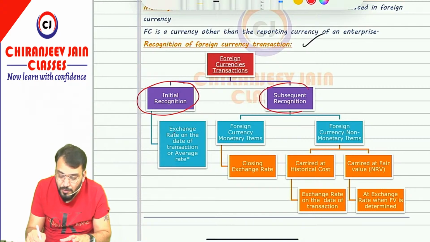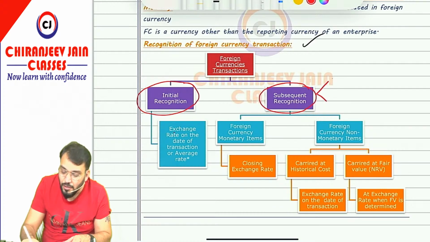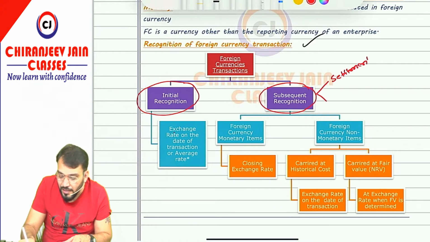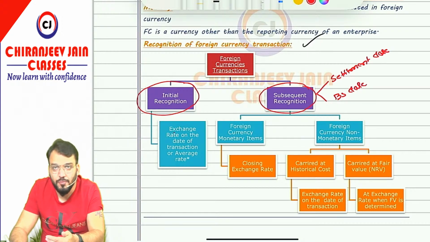Now for subsequent recognition, what? Either on settlement date or on balance sheet date. For example, you have done one credit transaction for sale and you have done one journal entry, debtor account debit to sales. If the amount is collected before balance sheet date, then the settlement date will come before balance sheet date.